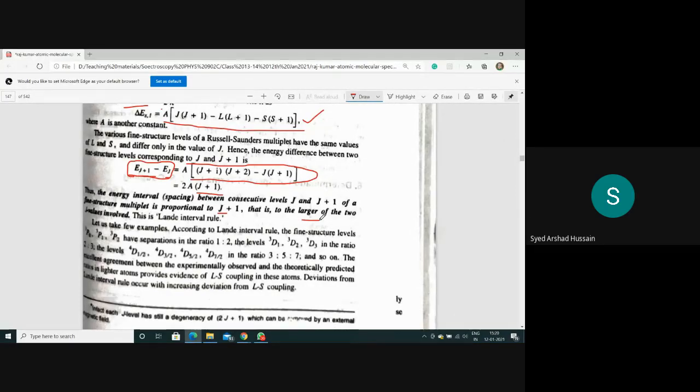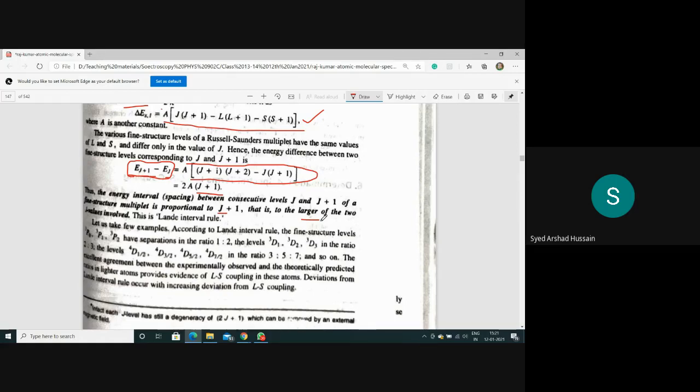Of the two you calculate, one J and one J plus 1, it is proportional to the larger one. This is the Lande interval rule. That means the Lande interval rule gives you an idea about the energy splitting or separation between two consecutive lines in a multiplet, in a fine structure system.